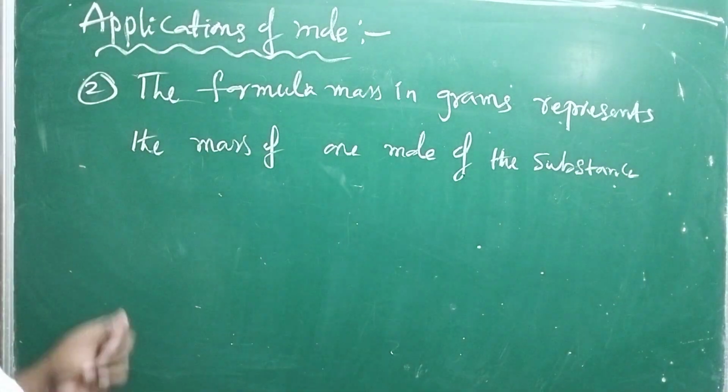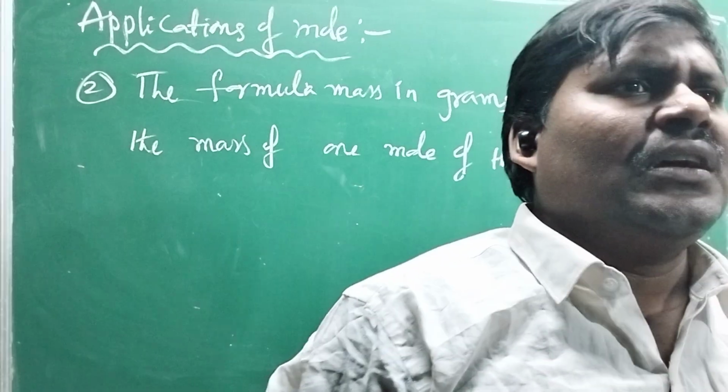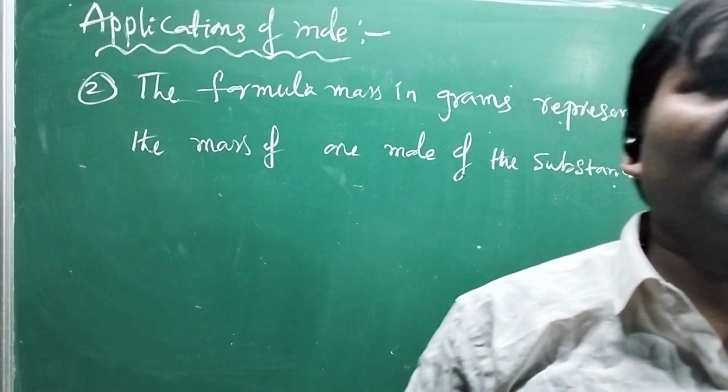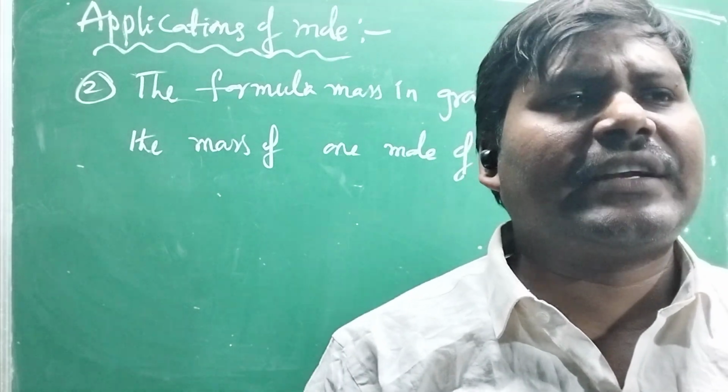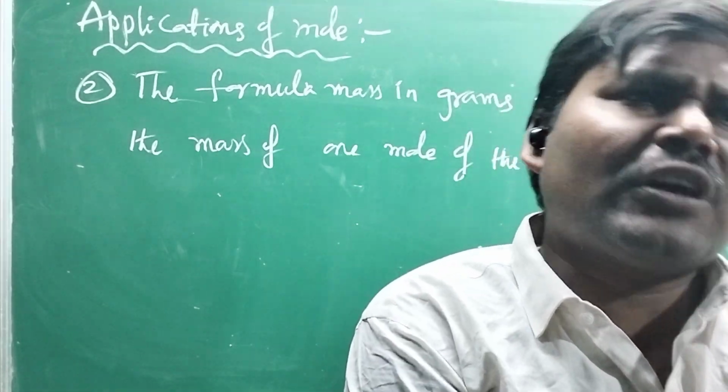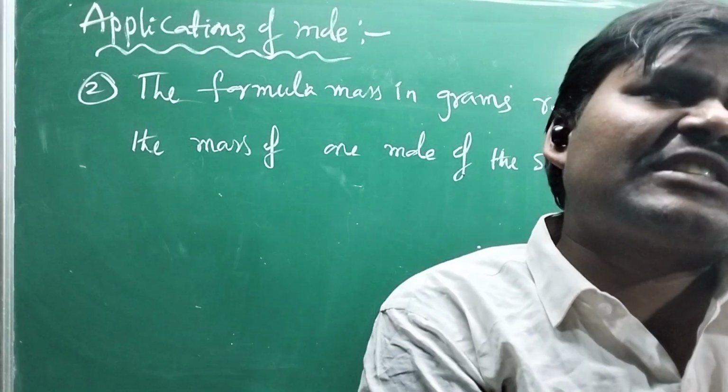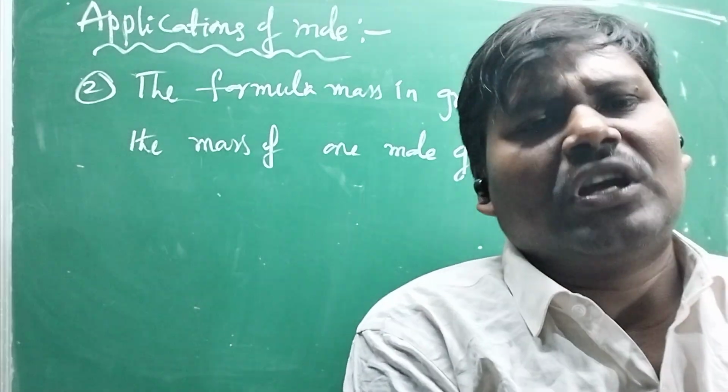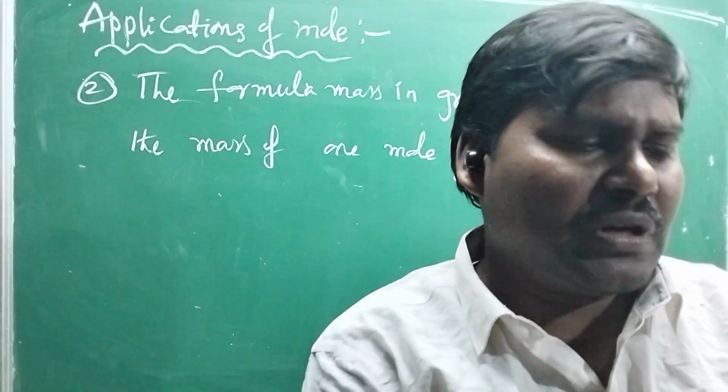The sum of the atomic masses of all the atoms in a given formula is called the formula mass. The formula mass expressed in grams is called the gram formula mass.